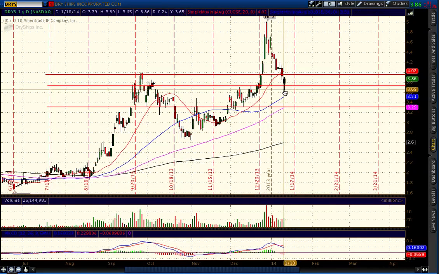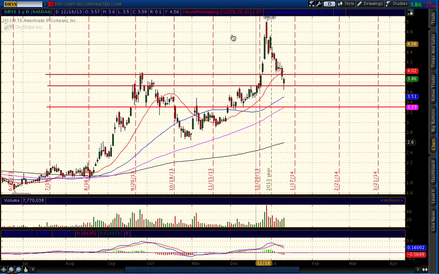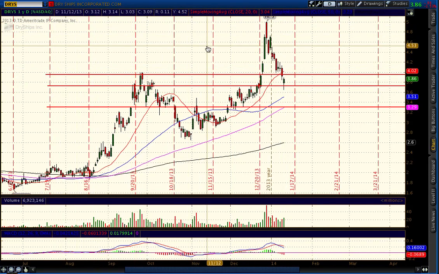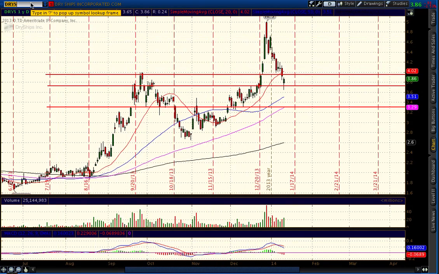But I do like the action as well as the volume, where it sold off and got some support around this level, and was supported as well as even increased from where it opened up. So I like the action. We'll see what it can do the rest of the week. Again, it's a small cap. It's a dry shipper, DryShips.